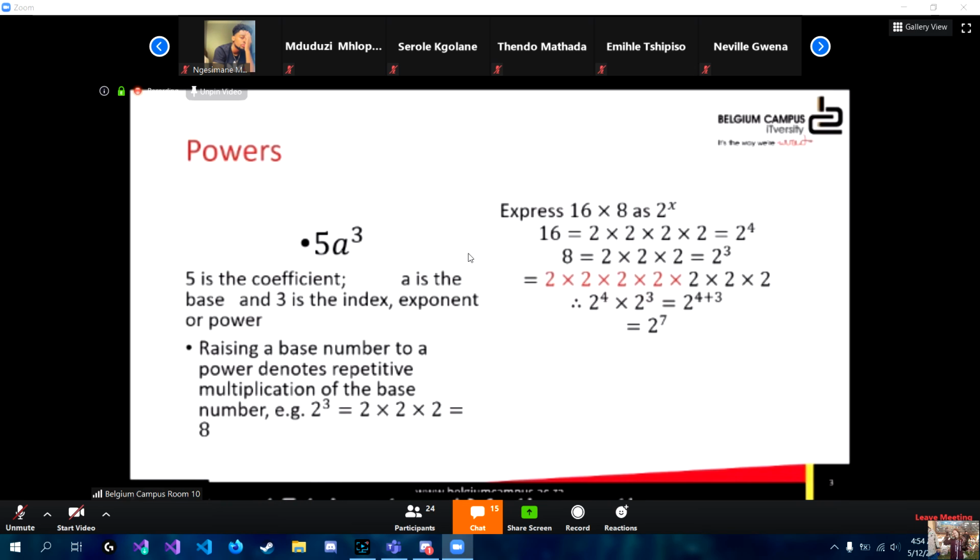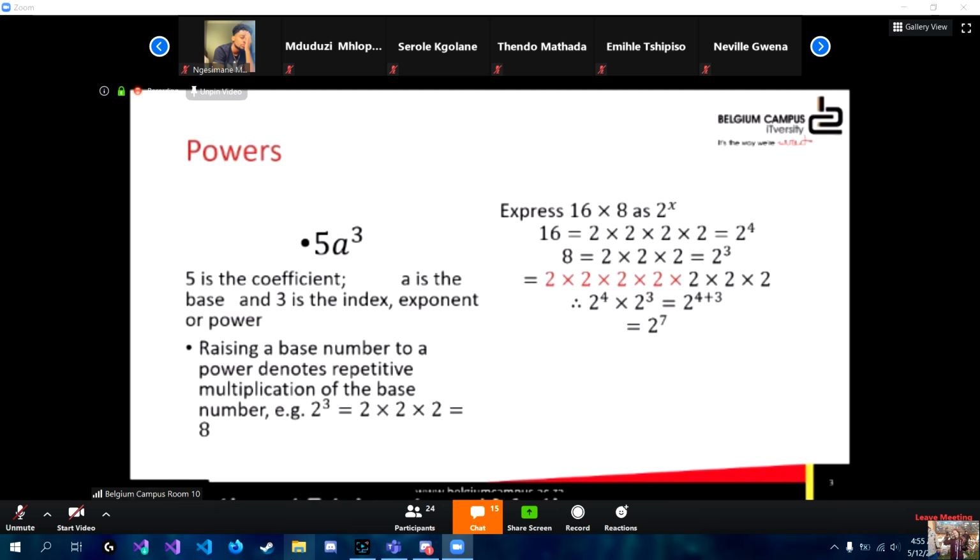We see that prime factorization is now coming in very handy there. Then if we look at the 8, same thing, 2, 2, and 2. When we multiply that out, we are combining those 4 2's from the 16 and the 3 2's from the 8.